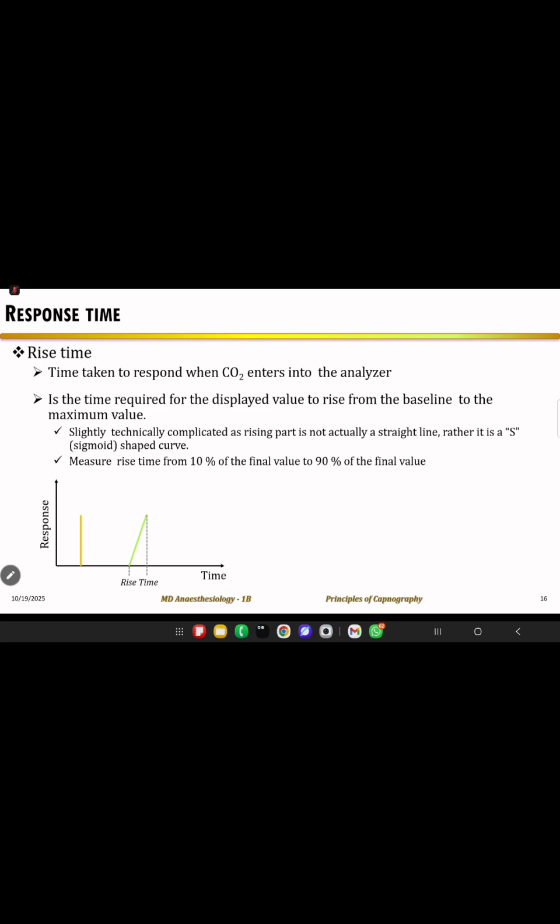Now in theory, it's not a straight line as shown below. It's a kind of sigmoid shape, a type of complicated calculation. Therefore, if at any point they mention a response time, it usually tells the time from 10% of the final value to 90% of the final value. Right?